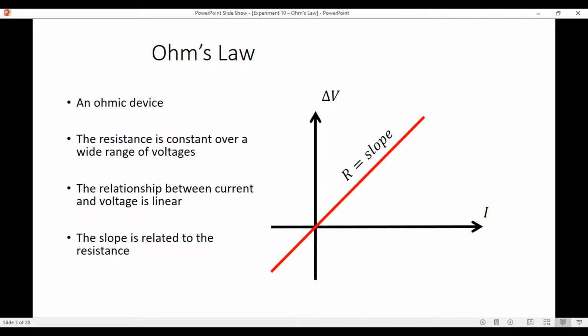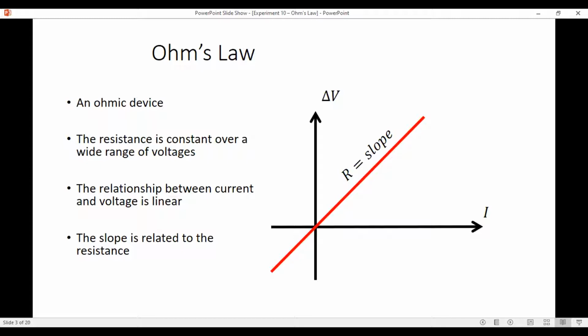Here, there is no y-intercept. The y-intercept is 0, so b is 0. So it just becomes y is now the voltage, x is the current, and m, being the slope, becomes R. V equals IR, or if you want to write it, V equals R times I, y equals m times x.